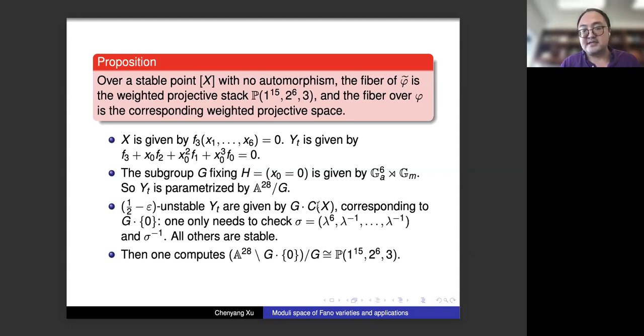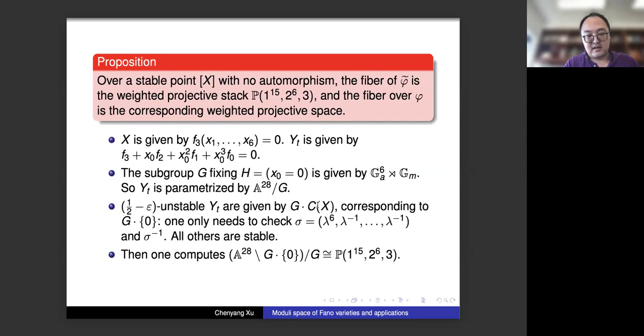And then all others are stable. So that's how you use the information you get from the point half, together with a wall crossing picture, to understand a lot about the half minus epsilon point.